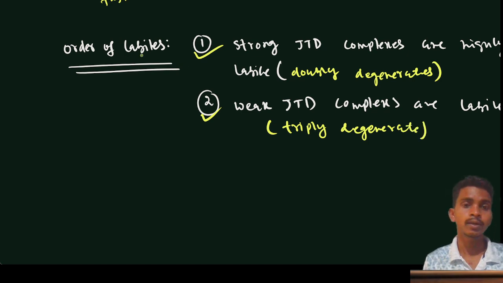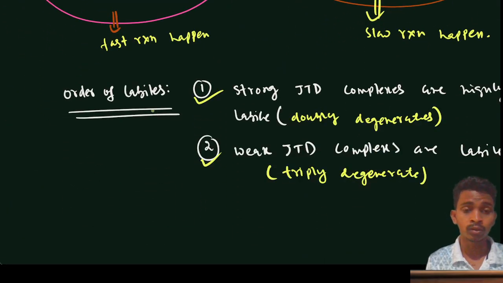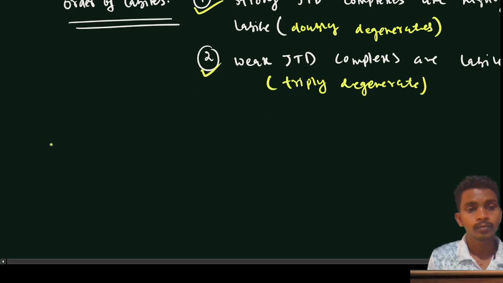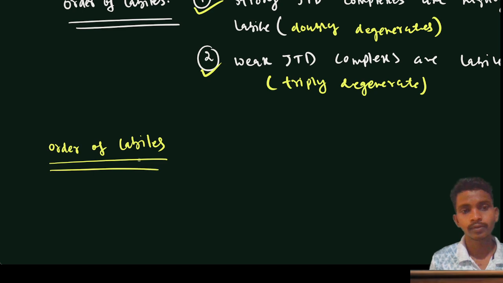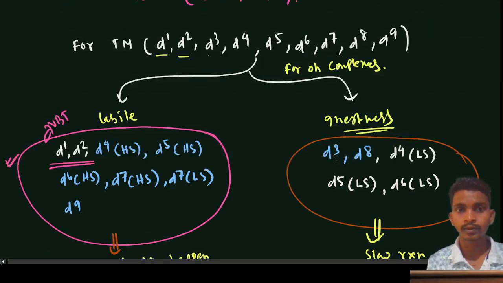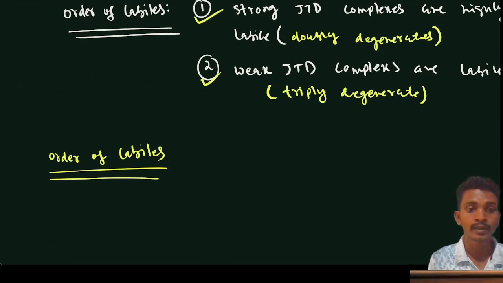Okay, so first this we have to follow. First strong JTD we look, then weak JTDs. With that we will also look at the concepts of BBT. So from here we will look at the order of labiles.